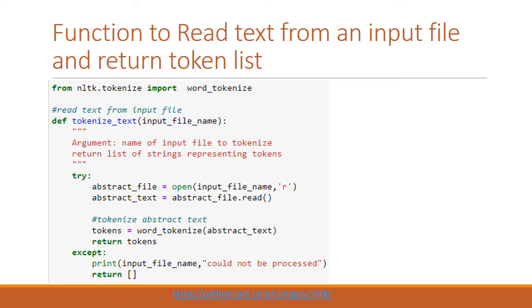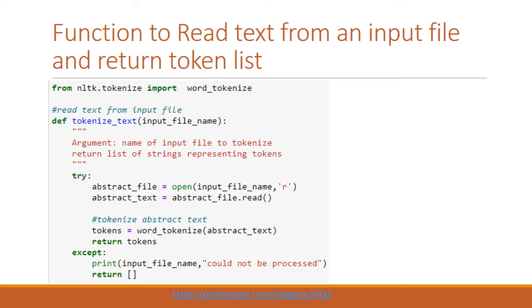Once we have abstract text initialized to the text from the input file, we can tokenize it by calling the word tokenize function and passing the abstract text in as an argument. That function returns a list of strings representing tokens, and we return that list to our calling program.